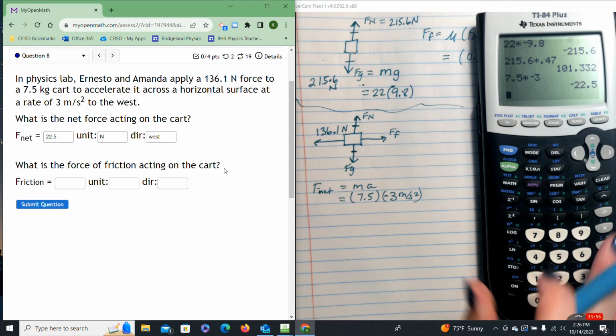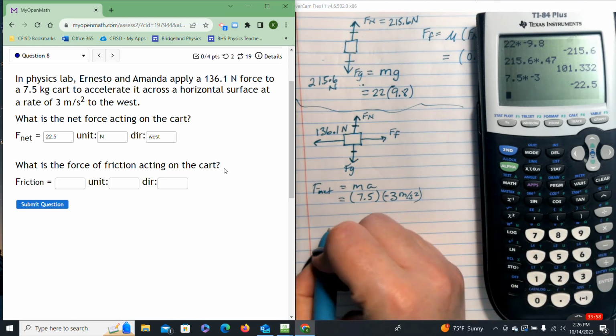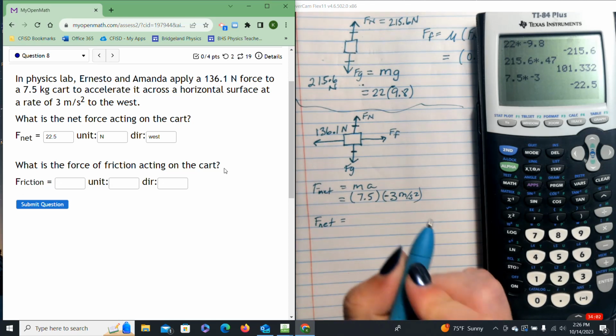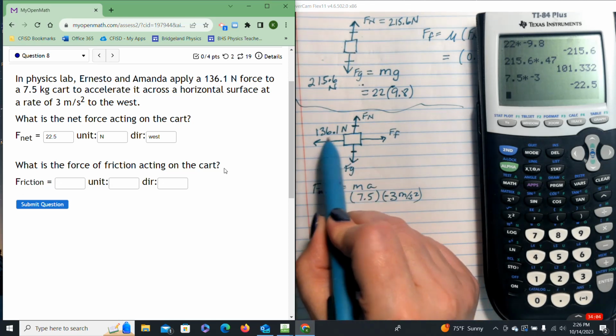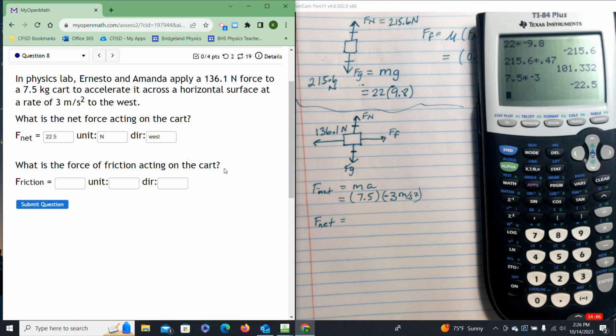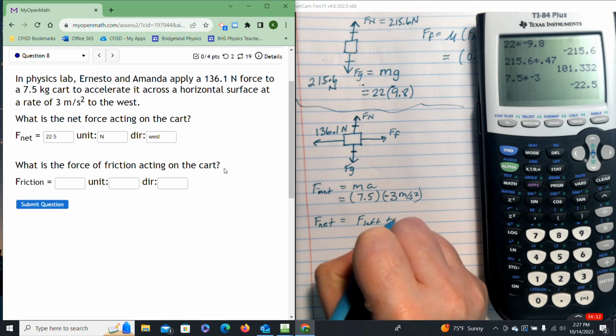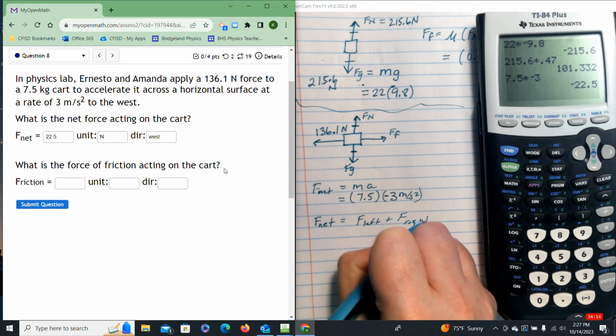And again, I know that because the other equation that we have for net force is that net force is the sum of my forces. My forces to the left plus my forces to the right, keeping in mind that forces are vectors. So force left plus force right.